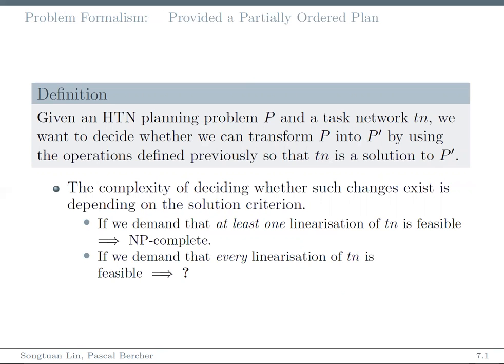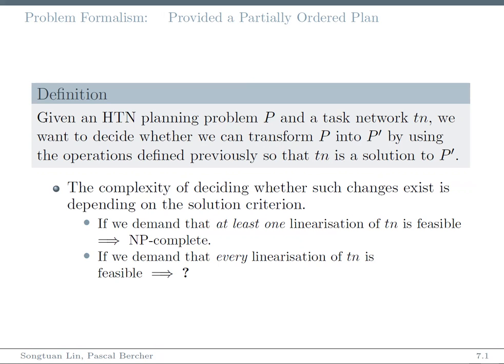We formulate the problem as follows. Given an HTN planning problem and a task network, we want to decide whether we can change the planning model so that the task network will be a solution.